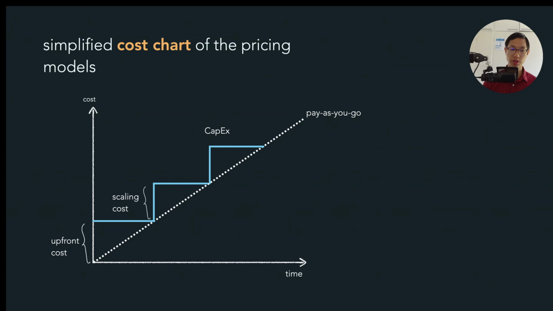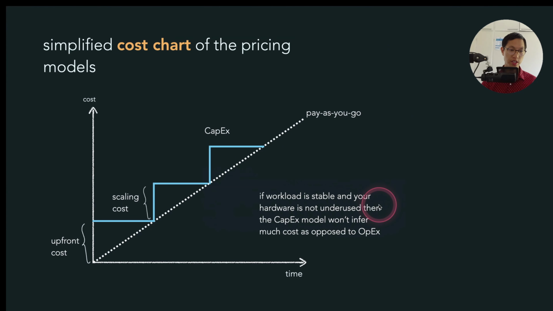You need to be able to monitor the cost as well. There's cost monitoring in Azure, and you need to plan your budget. So if workload is stable and your hardware is not underused, then the CapEx model won't incur much cost as opposed to OpEx. So this is an important thing to keep in mind.